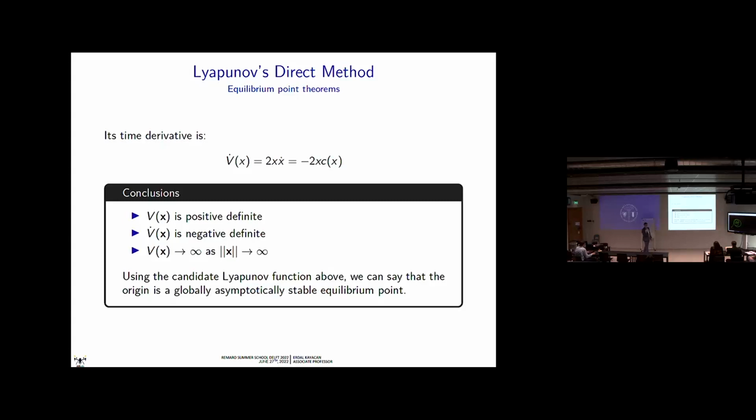Then what is our conclusion? This system is globally asymptotically stable. If it was smaller or equal to 0, I would say it is globally stable in the Lyapunov sense. If it was local, then I would say locally. So this is the strongest definition, globally asymptotically stable.